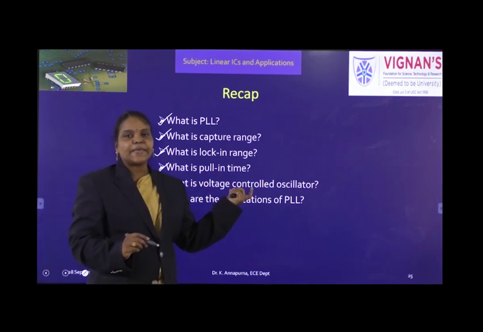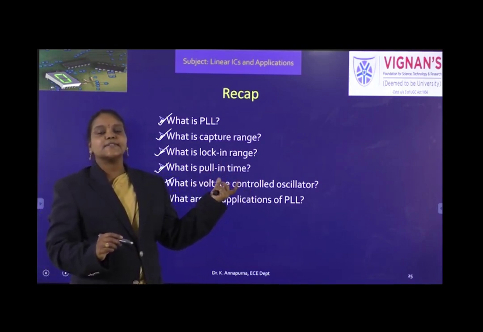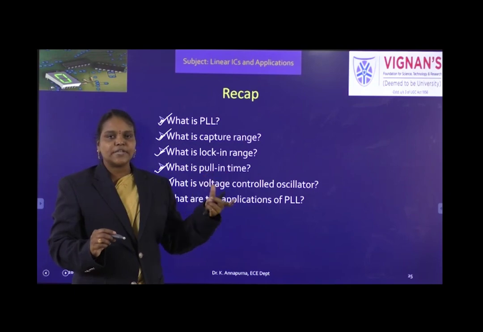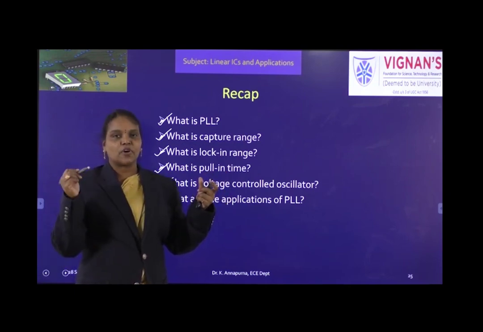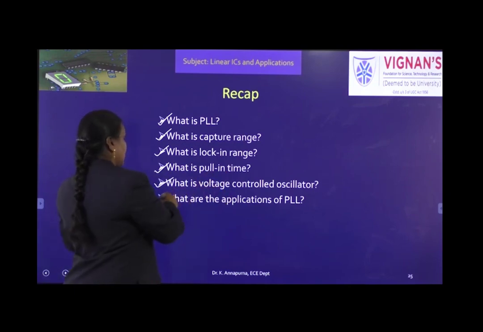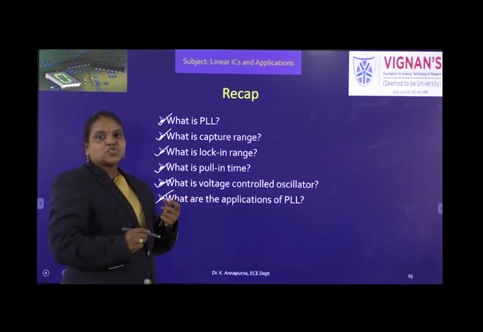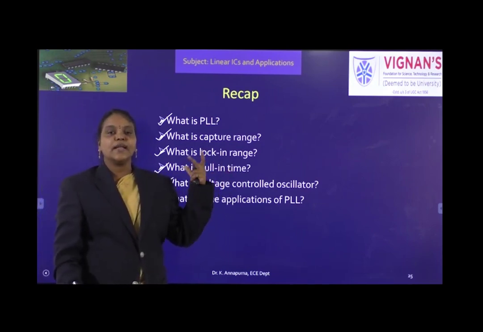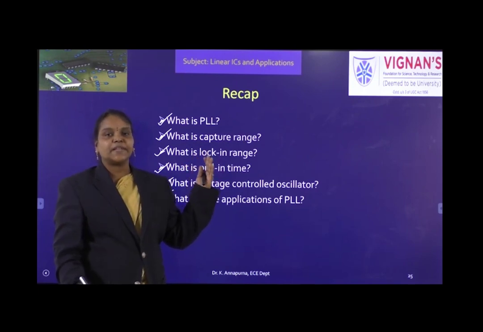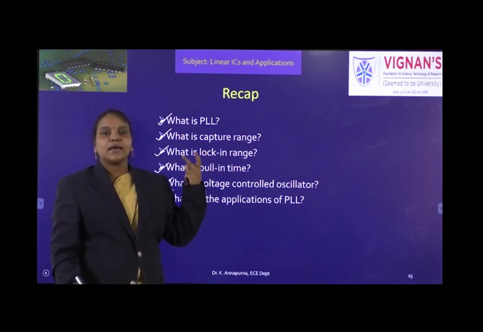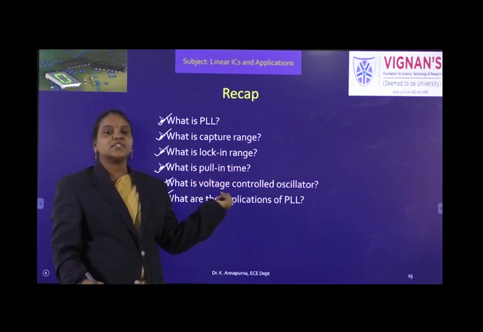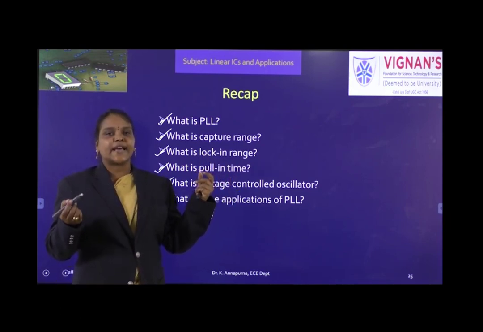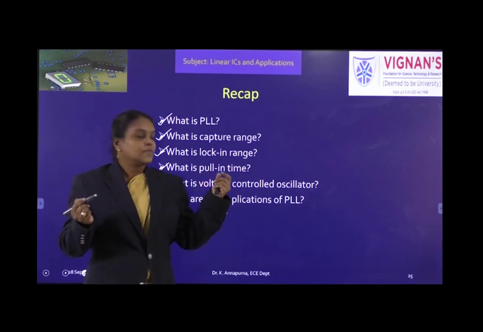It is part of the PLL and its main function is, based on the incoming signal voltage, to change its frequency of oscillation. And what are the applications of PLL? We have discussed many, and PLL actually has many applications. In our AM receivers, FM receivers and FSK receivers, we use this to get the synchronized carrier for demodulation.